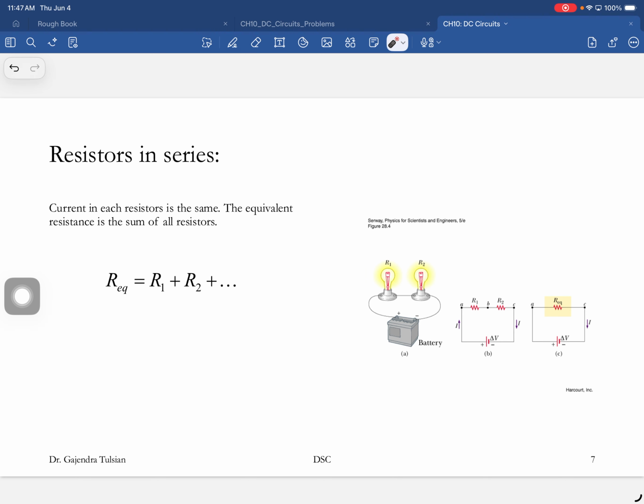When you connect in parallel, this guy's positive, this guy's positive, and all these guys are positive. So this number has to be bigger than any one of them, which means the equivalent resistance is smaller than any one of them. So the equivalent resistance in a parallel connection is always smaller than every element.